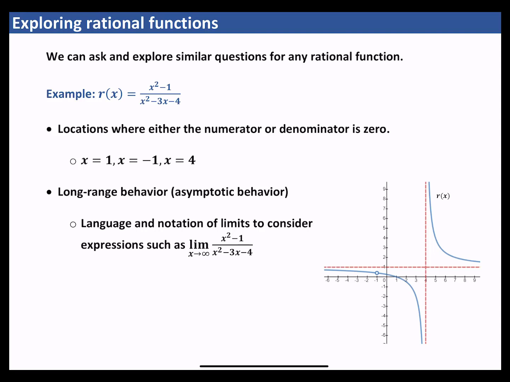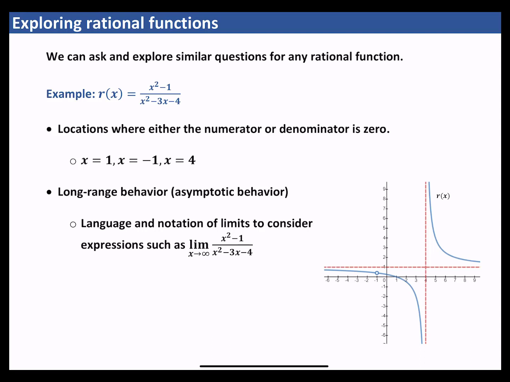And we will see that sometimes these values of x for a rational function lead to either points where the function crosses the x-axis, sometimes to vertical asymptotes, and sometimes to unusual behavior that a computer graphing program fails to detect.